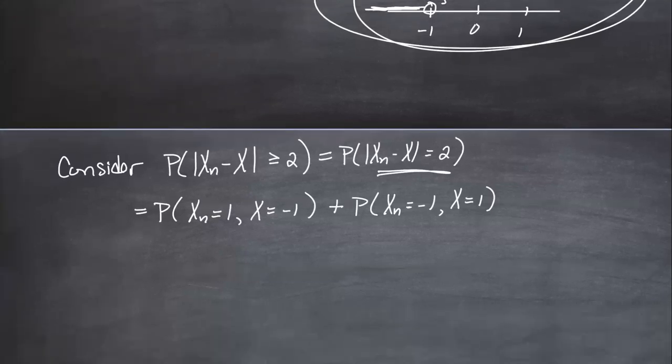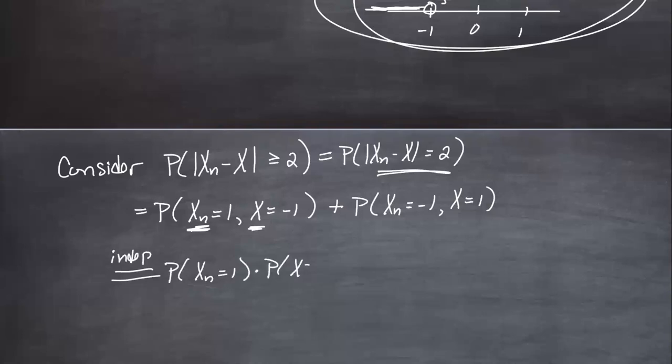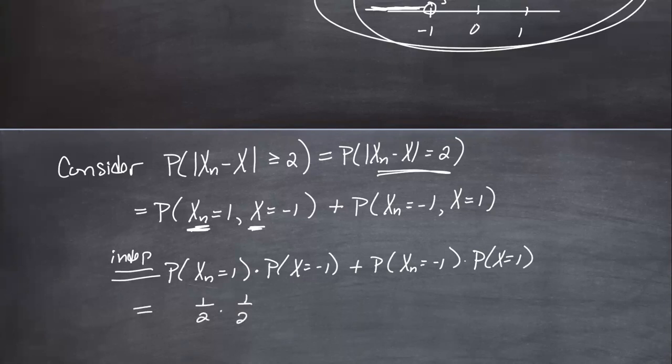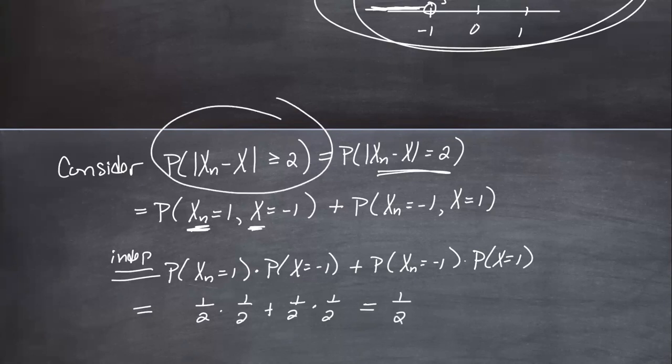I did assume that all the Xn's were independent of each other and also independent of X. So by independence, I get to break this up into a product over here and a product for the second term as well. All of these probabilities are equal to 1/2. So we get 1/2 for this probability. But if we have convergence in probability, if we take the limit of the thing I just circled, we need this to go to 0, no matter what epsilon we've chosen here.